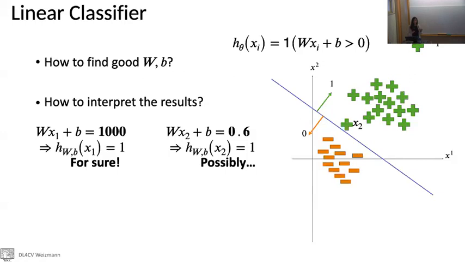So we need some measurement or some intuition to say what's going to be a good classifier that is certain about our data points. We will maybe see options later in the course for how we can even measure that, but currently we're just talking intuition-wise about what we want to do. Because from the intuition, we maybe want to push x2 further from the decision boundary, so it will be more certain.